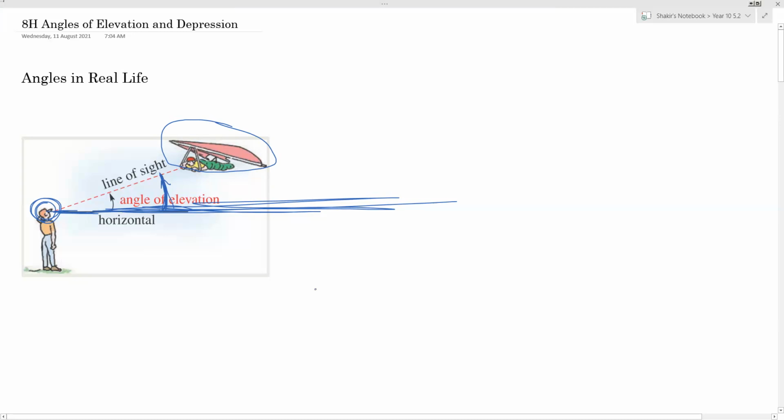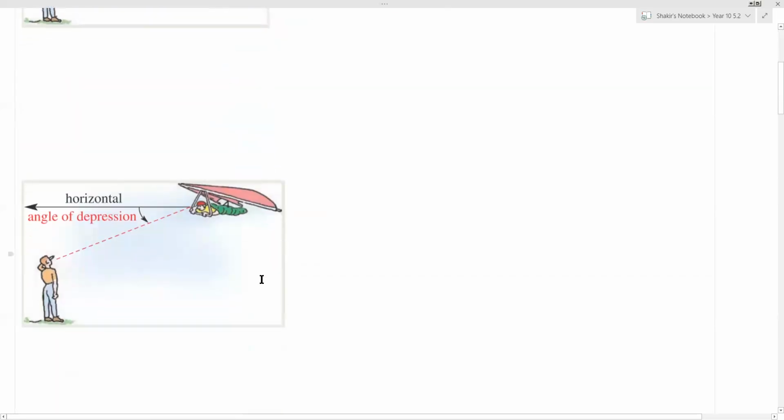So the idea is you measure it from the horizon. When you measure upwards, if you look up from the horizon, that's elevation. And from the horizon, if you look down, so for example, if you're the person who is gliding and you're looking down at a person, at what angle is that person standing? Well, you measure from the horizon.